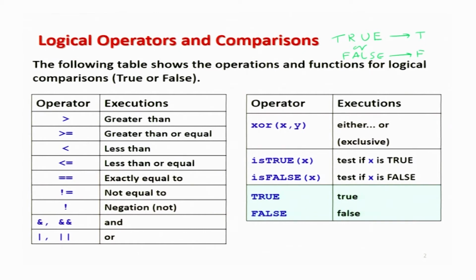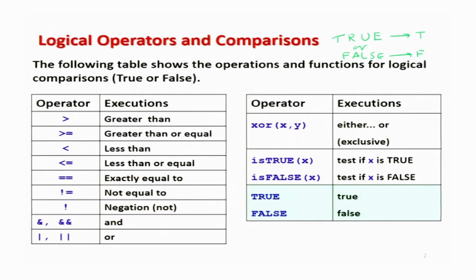You might recall that in an earlier lecture I explained these two, TRUE and FALSE, as reserved words, and these are our logical values. So now this is the place where we are going to talk about them.